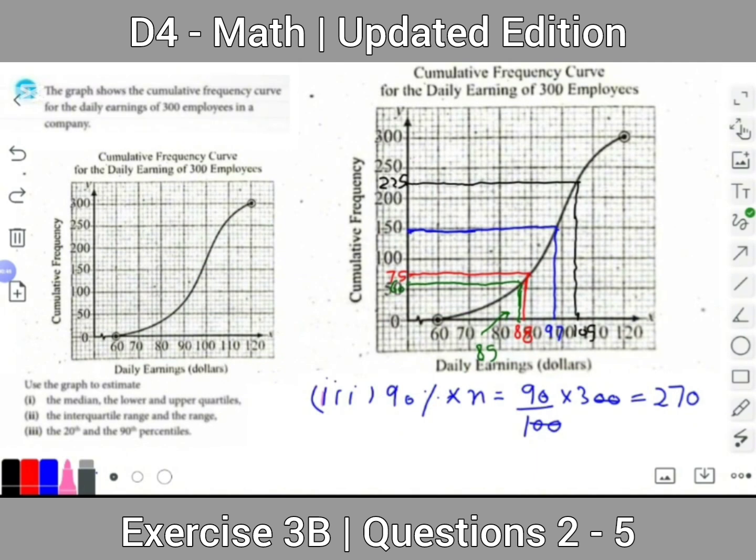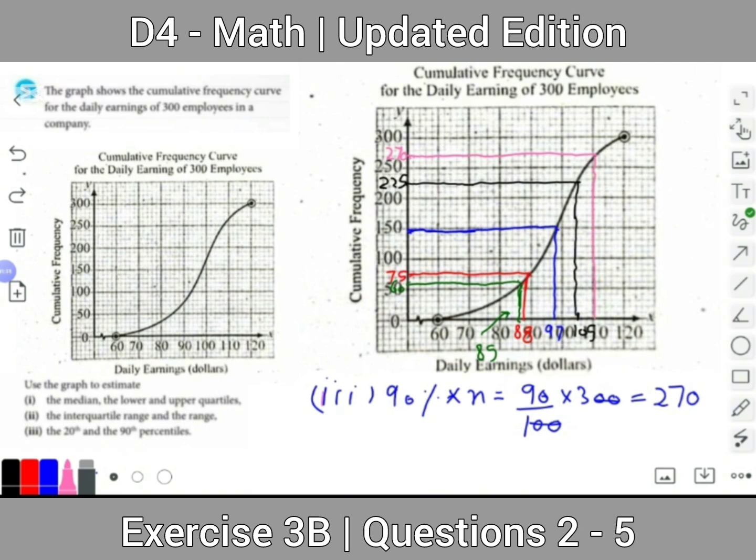Now from 270 we will draw a horizontal line until it intersects the curve. Now from the point of intersection on the curve, we will draw a vertical line until it touches the x-axis. So here we have the value 110.